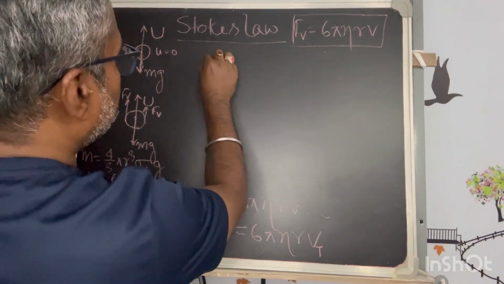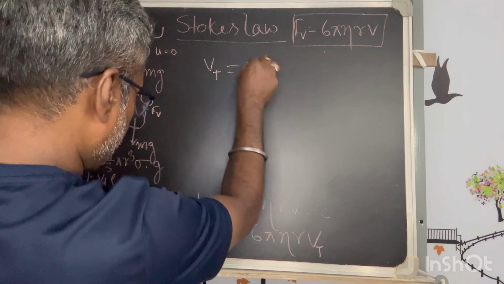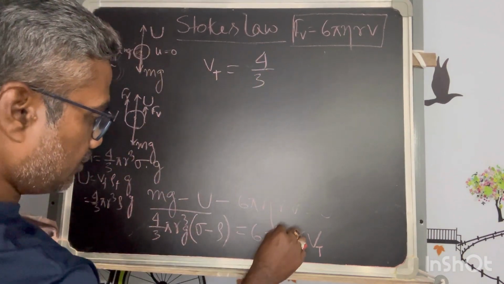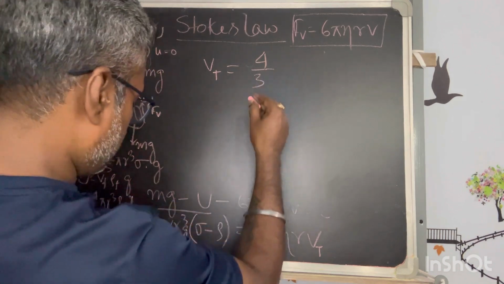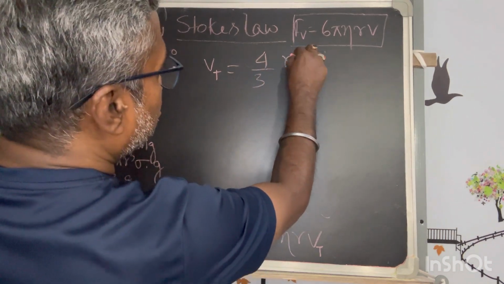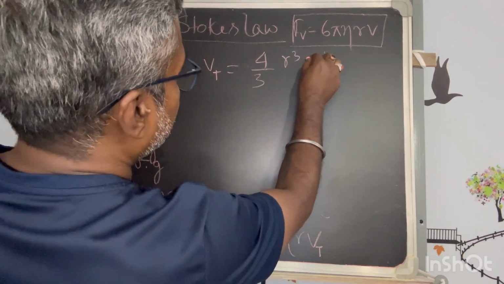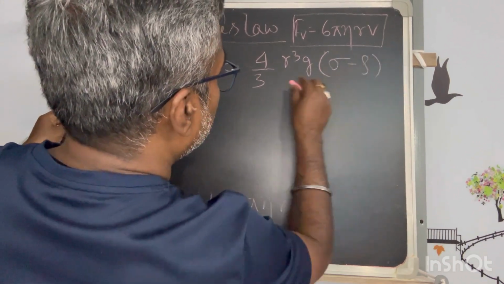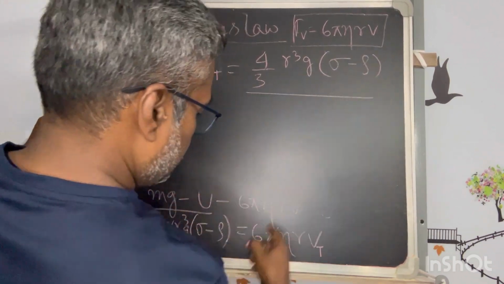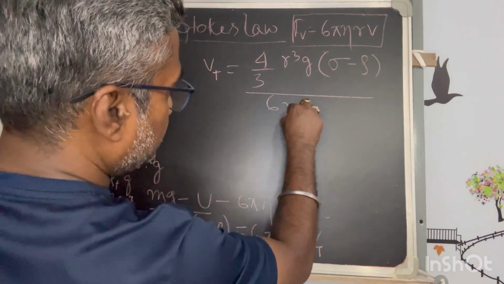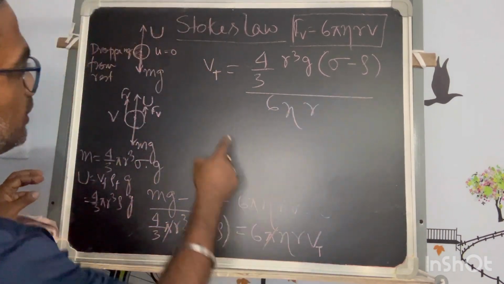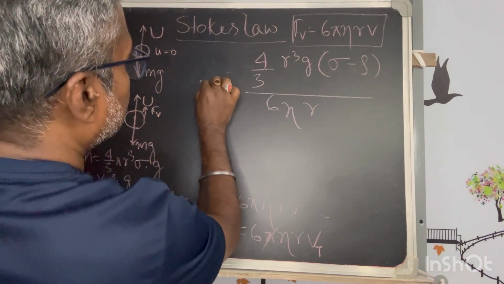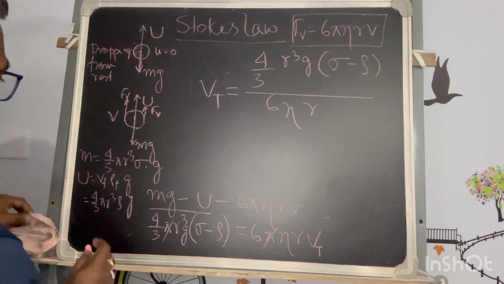The terminal velocity vt is equal to 4 by 3, and pi will cancel. So this will be r cube into g into sigma minus rho, and below that 6 eta r will come, with vt along there.